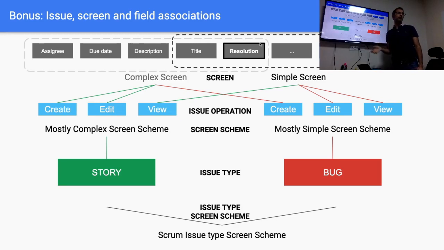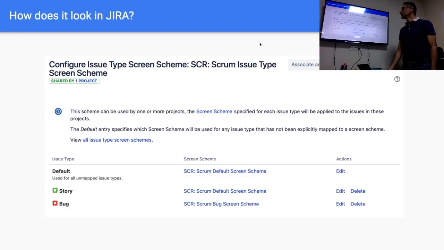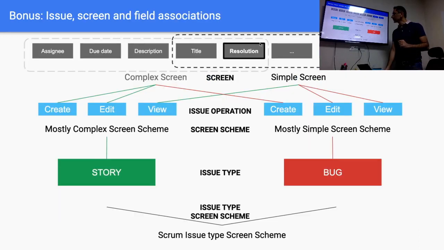Okay. So this is a bit more complicated than the workflow schemes and all, but this would complete your full picture, and this is how a screen scheme looks like. So you can see that a story is tagged to a screen scheme. So be very careful of the words here. I'll go back to this. This is a screen scheme, which basically shows that we have what types of operations map to what types of screens.